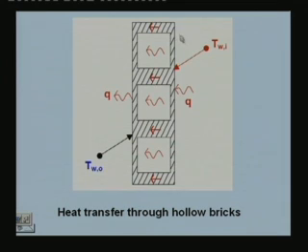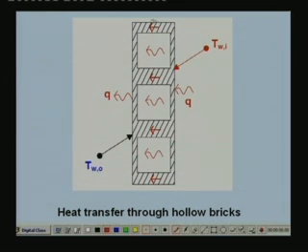So this shows a picture of a hollow brick. You can see here that heat transfer takes place by conduction through the material of the wall. This is by conduction heat transfer through the solid material, and through the air space you have heat transfer taking place by radiation as well as convection as well as conduction. So you have a multimode heat transfer problem here: conduction, convection and radiation.